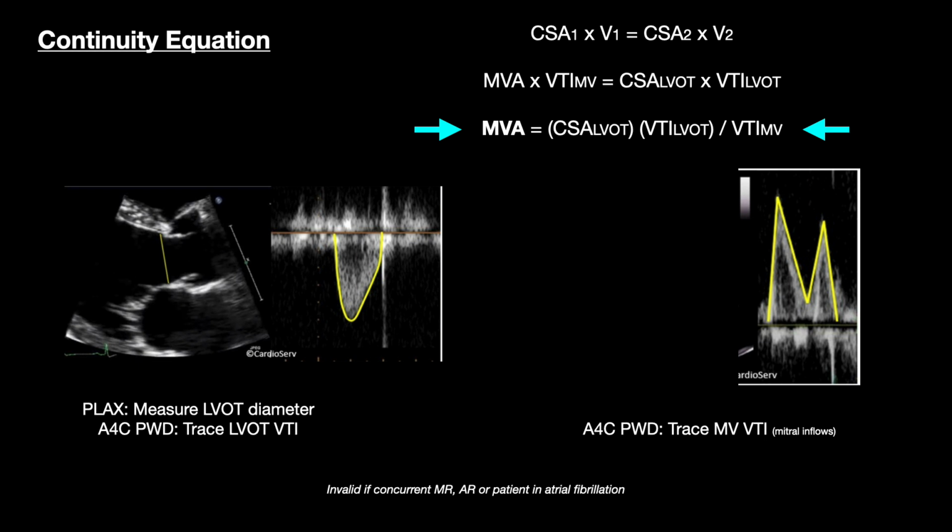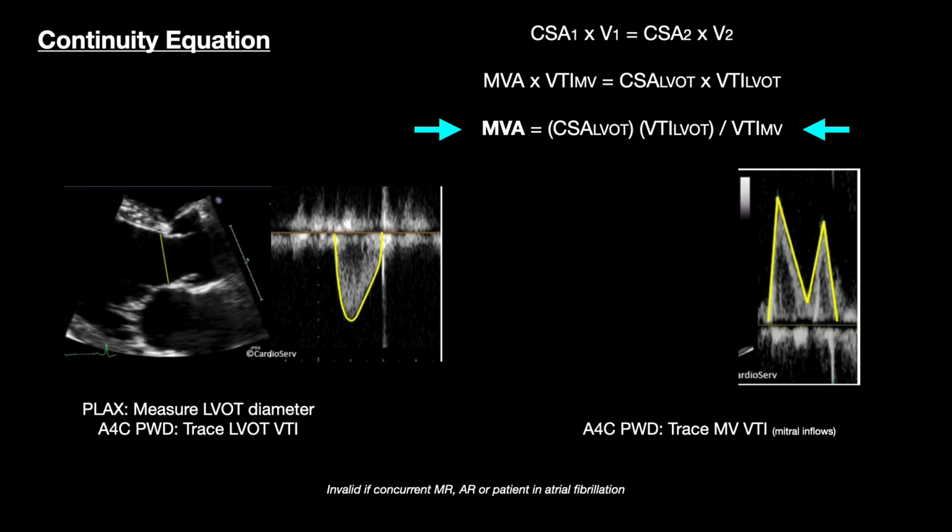And then thirdly, we need to trace the mitral valve VTI from mitral valve inflows, which we've measured from pulse wave Doppler in the apical 4-chamber view. And then the machine plugs those values into an equation and will provide a mitral valve area.